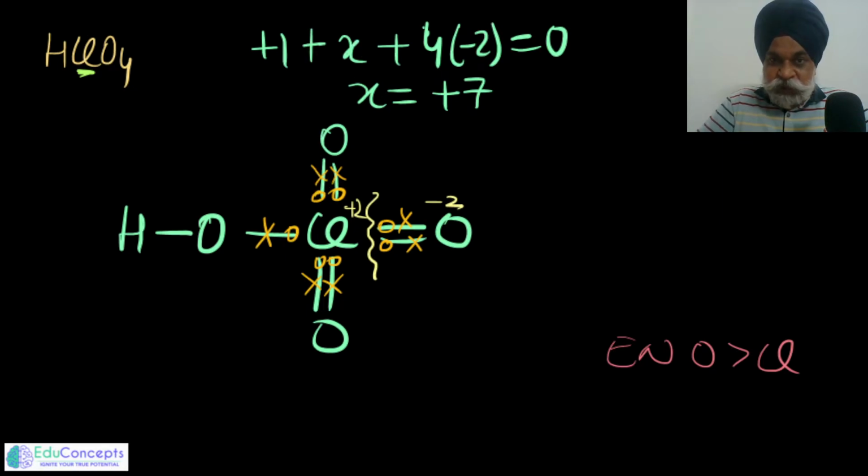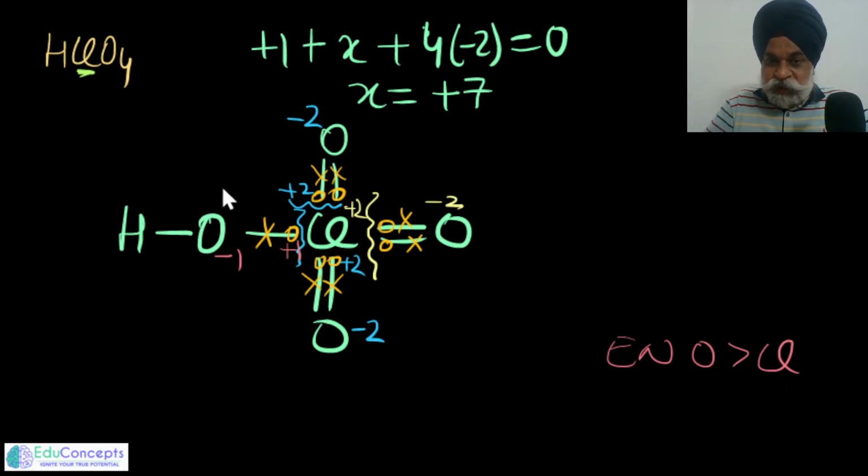Similarly, if I would break it from here, it comes out to be +2, -2. Similarly, here also +2, -2. And in this particular bond, because it is a single bond attached to the oxygen, if I would break it at this position, the chlorine would receive oxidation state +1 and this would get -1.